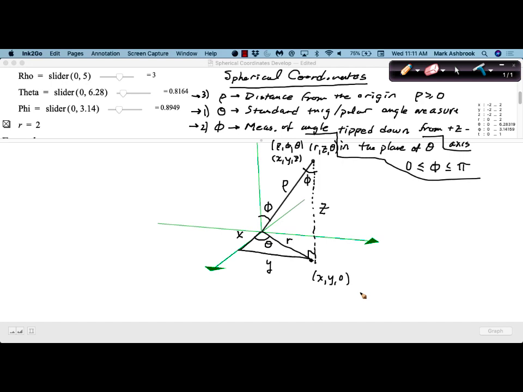Okay, we good? Okay, so let's start with how we can write r first. What are some different ways I can express r in the other coordinates?